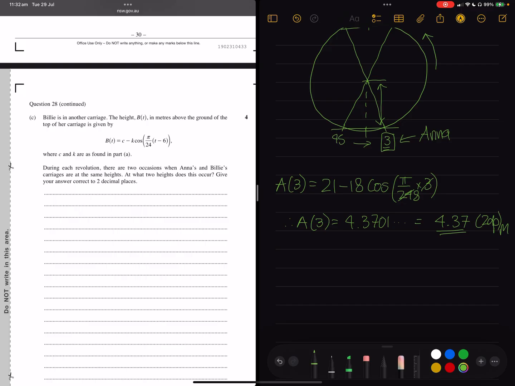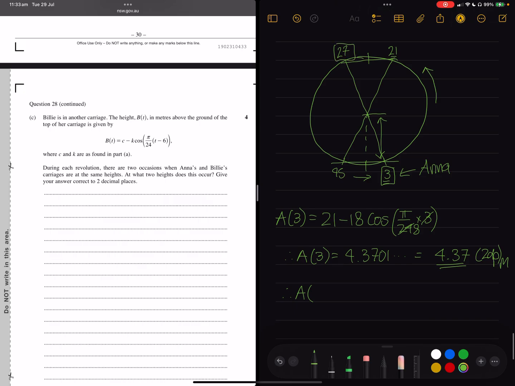The second time is going to be, A of, Anna is ahead. So this would be Anna, A of 27, which we know is going to be, we need the distance between these two. So this will be 21 minus 4.37.